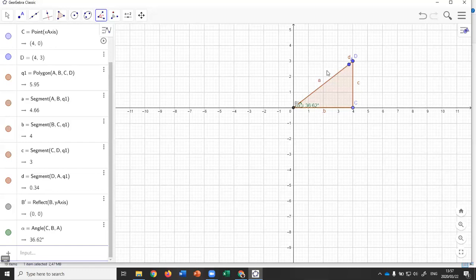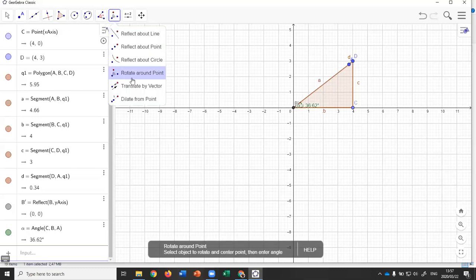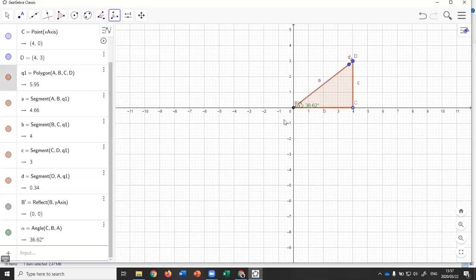So I'm going to go ahead now and rotate this figure here. Of course, I'm going to select rotate about a point, not around. So here is my object, the point origin.